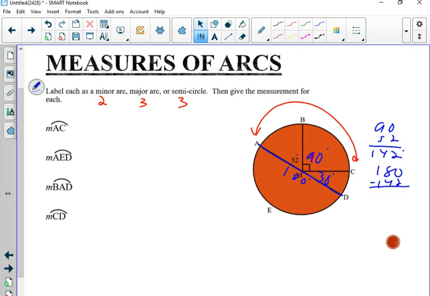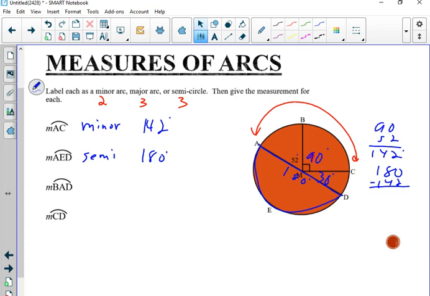We're going from here, A to C, 90 plus 52. So it's a minor arc, and it's 142 degrees. AED, well, that's right here. 3 letters, so it's either a major arc or a semicircle. It is a semicircle, therefore it's 180 degrees.